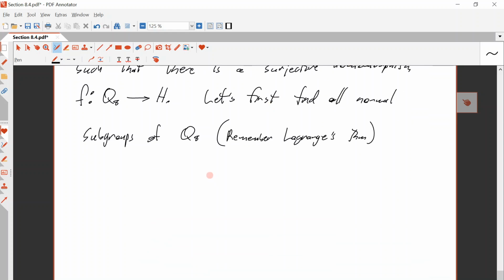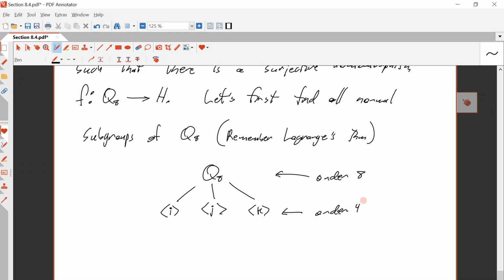All right, so here's your subgroup of order 8. Subgroups of order 4 are the subgroup generated by I, the subgroup generated by J, and the subgroup generated by K. For example, the subgroup generated by I is 1, I, negative 1, negative I. For J and K, similar to that.